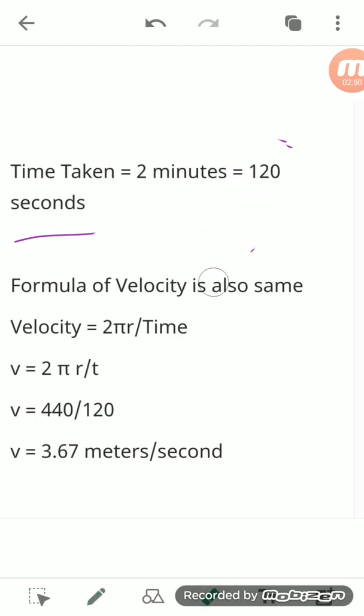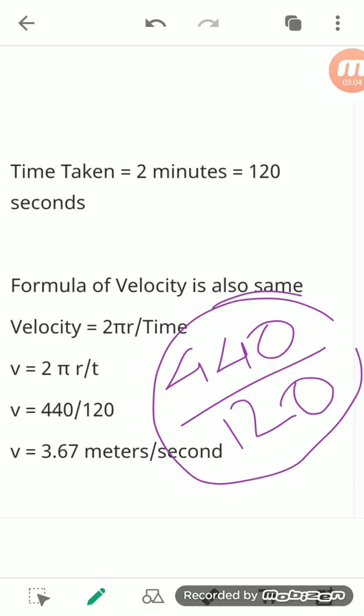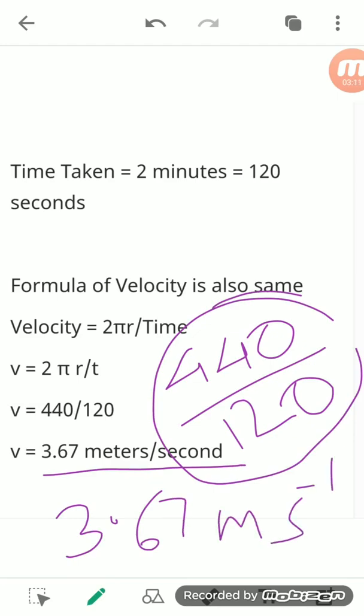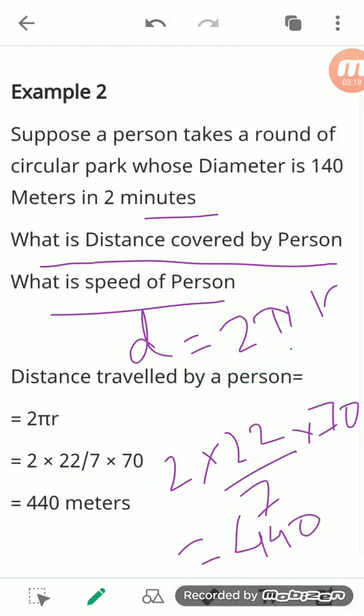After converting into seconds, we put the values in the formula. The distance we already calculated, 440, upon time, 120. When we solve this, we find the answer is 3.67 meters per second. This is the speed of the person who covered the circular park. Okay, so this is the end of the chapter.